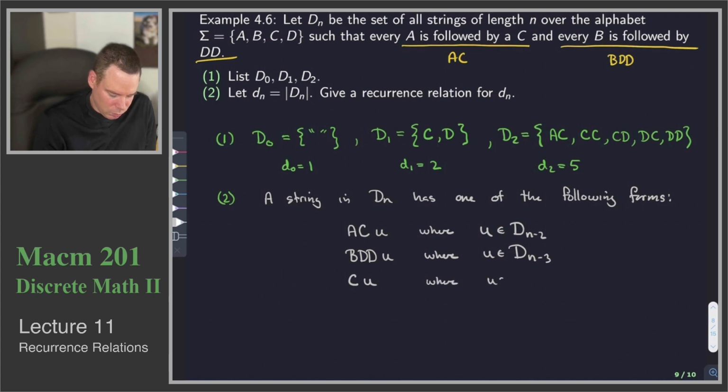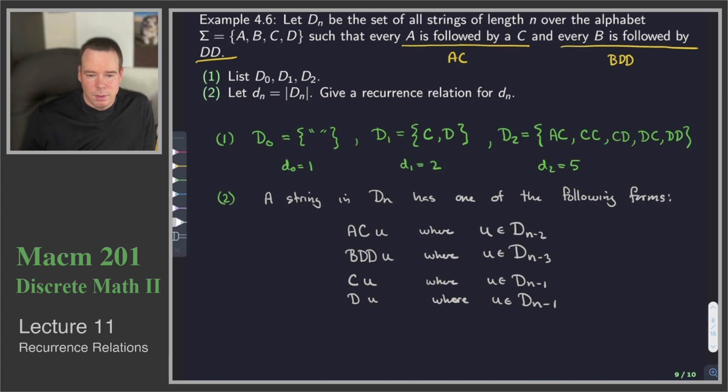So where U is an element of Dn minus 1. Or it could start with a D, be followed by a word U of length n minus 1. So those are our 4 possible cases for what the form of a word in D sub n looks like.